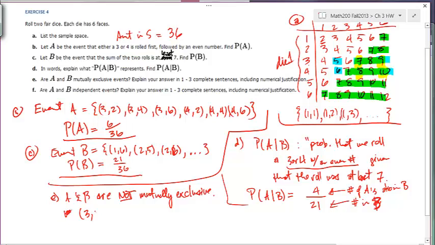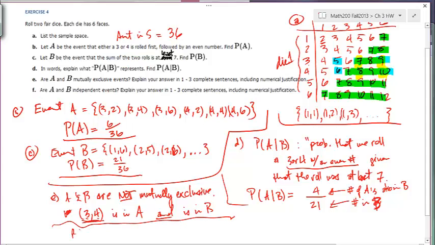So 3, 4 is an element in our sample space, is in event A because it's rolling a 3 first and then rolling an even number, and it is also in event B because the sum of that dice roll is at least 7. So because there is at least one thing in common with A and B, then we have to say that they're not mutually exclusive. Okay.